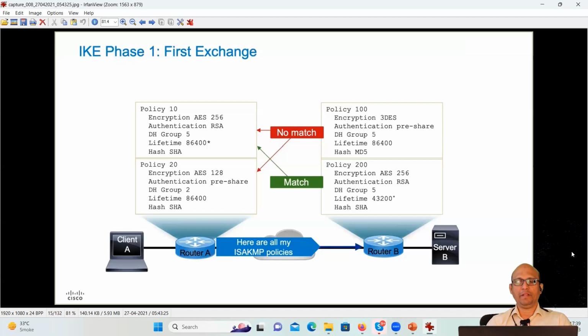Any number can be there, but encryption AES 256 is not matching with encryption 3DES on the other side. Authentication RSA is not matching with pre-shared key. Diffie-Hellman is not matching.